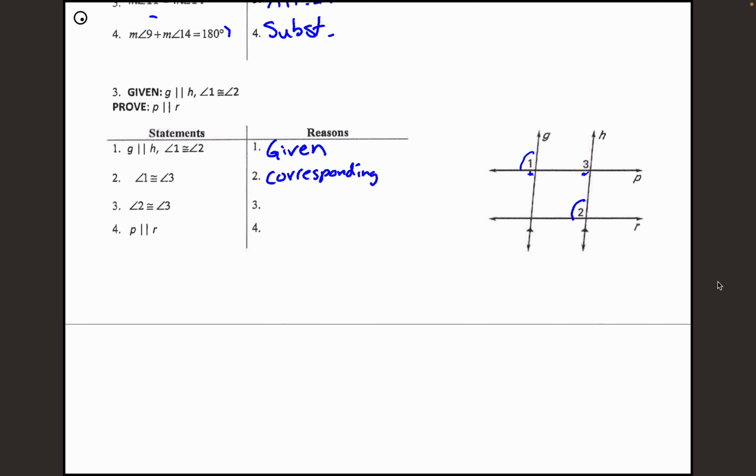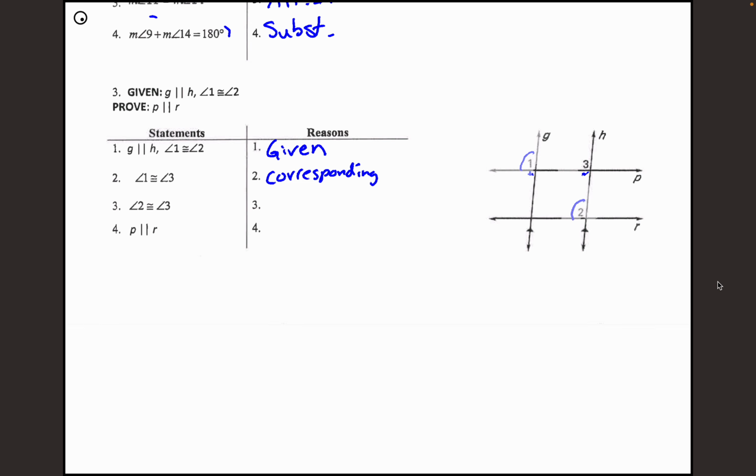And here's the tricky part. It says angle 2 is congruent to angle 3. Now, do these look like corresponding angles? They do look like corresponding angles, so you would think we put corresponding here. But here's the issue.